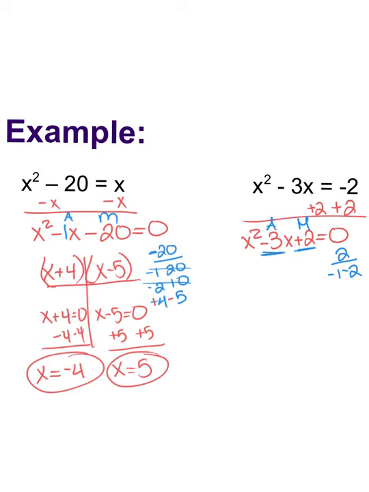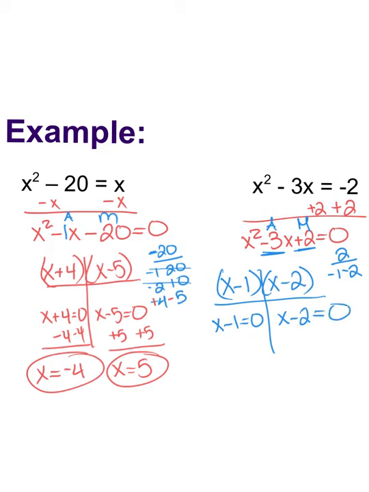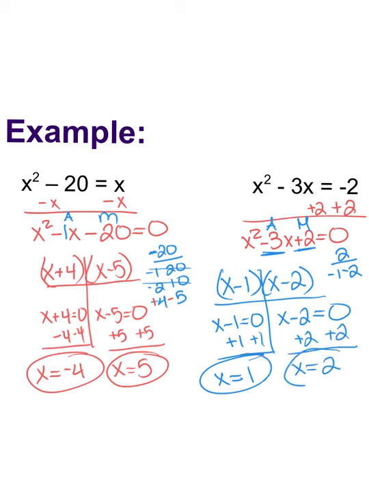When I add, I'll get -3. So my factors are x minus 1 and x minus 2. I'm going to t-chart it, which means I'm going to set each factor equal to 0. Here I get x is 1, and here I'm going to get x equals 2.